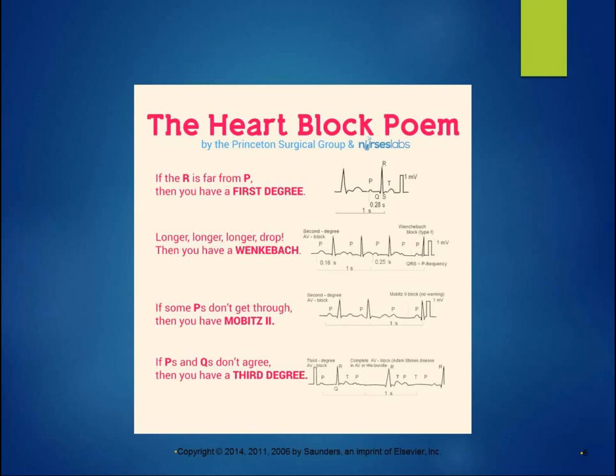Longer drop, then you have a Wenckebach, and that's where it drops every third one. That's the second degree. The Mobitz 2 is the second part of second degree. If some P's don't get through, then you have a Mobitz 2, so the ventricles aren't contracting every time. If P's and Q's don't agree, then you have a third degree, so you get atrial contraction with no ventricle contraction. Anyway, kind of cute.